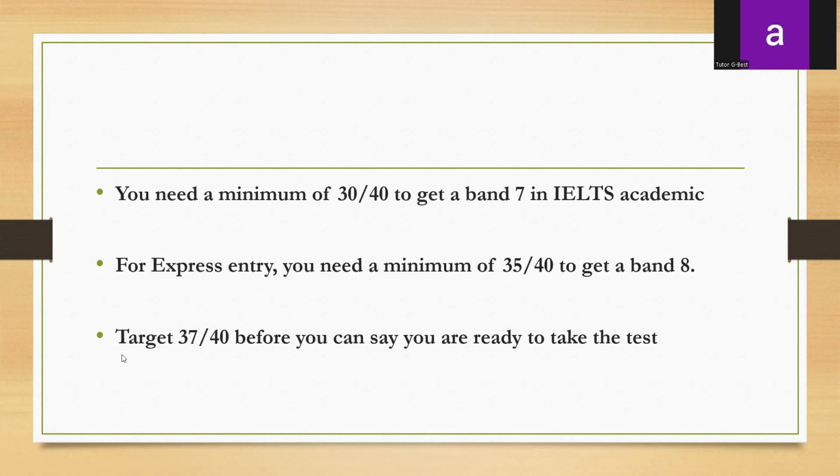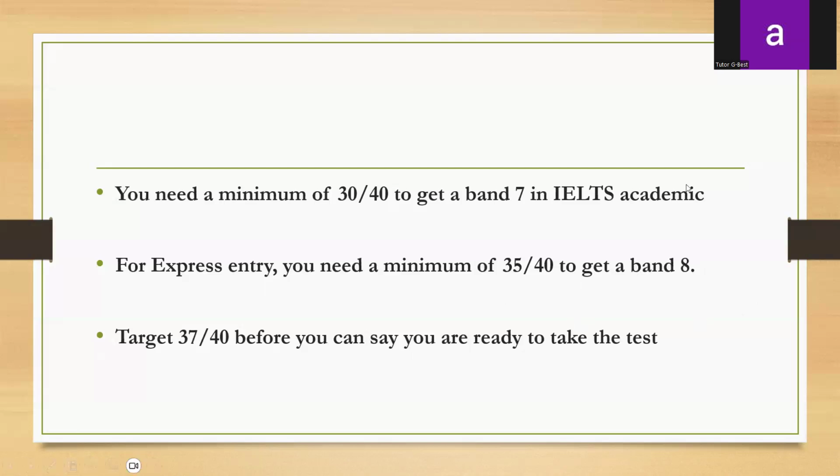Now, for those who scored 37 over 40, you get a band 8.5, and that will give you 3 extra points compared to someone with 35 over 40, that's band 8. You know, Express Entry is a point-based system, so the person with the higher points gets invited first.